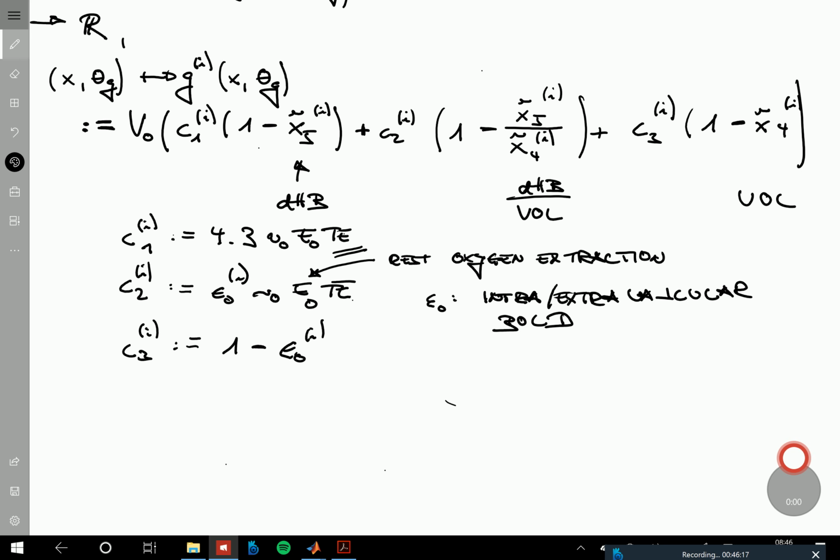So there are contributions which come from intravascular and others that come from extravascular, and it takes this into account. R0 is the intravascular MR signal relaxation.